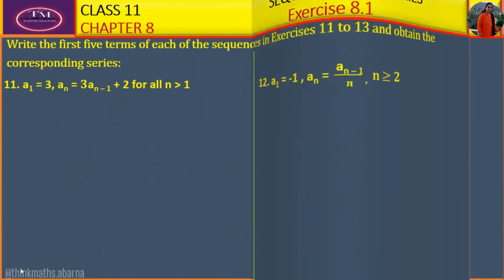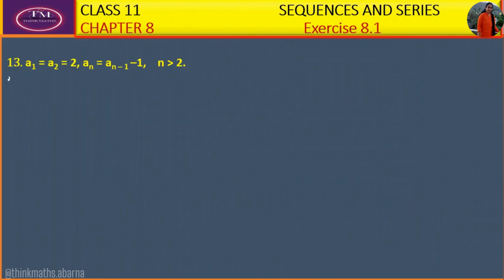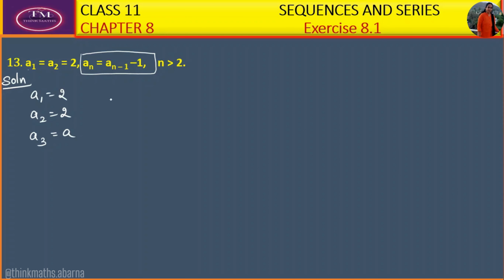Okay. So we have to find the first 5 terms. They gave the first term, which is 2. The second term is also 2. For n greater than 2 we have to use this formula. So for n equal to 3, a3 is equal to a3 minus 1.